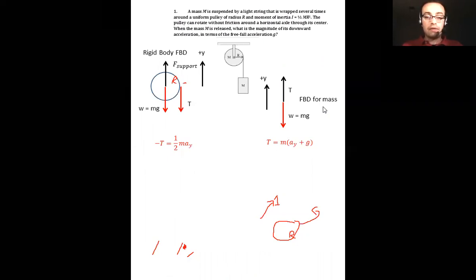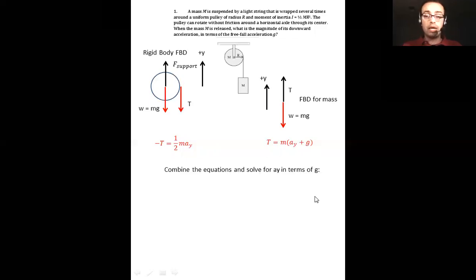We can say that negative t is equal to 1/2 ma sub y. That's what comes from this left half of the problem. And t is equal to m times a sub y plus g. That's what's come from the right half of this problem. We combine the equations and solve for a sub y in terms of g. So what we say is negative m times a sub y plus g equals 1/2 m a sub y.